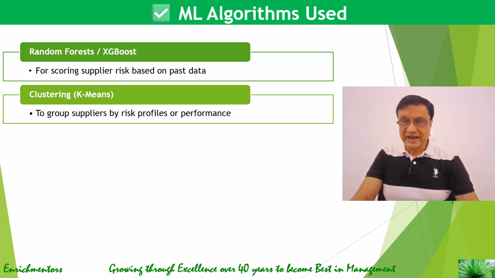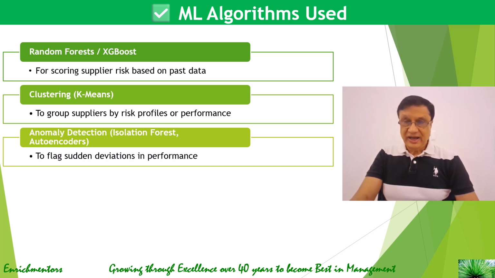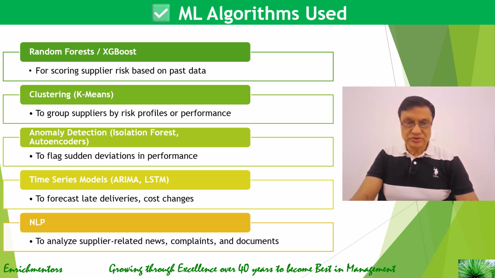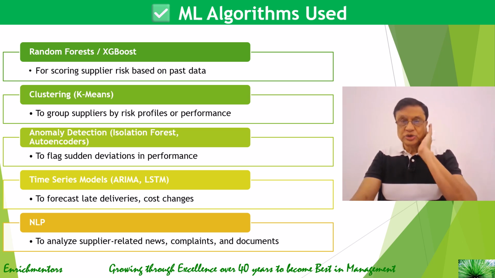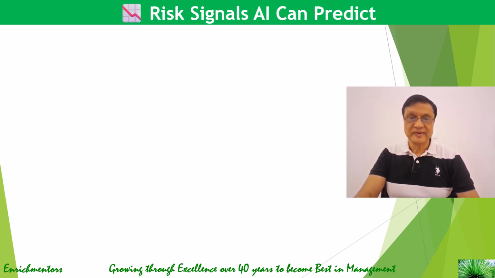They use anomaly detection algorithms like isolation forest and autoencoders to flag sudden deviations in performance. They use time series models like ARIMA and LSTM to forecast late deliveries and cost changes. And finally, they use NLP to analyze supplier-related news, complaints, and documents. Using these algorithms, they're able to evaluate performance as well as detect the risk involved.